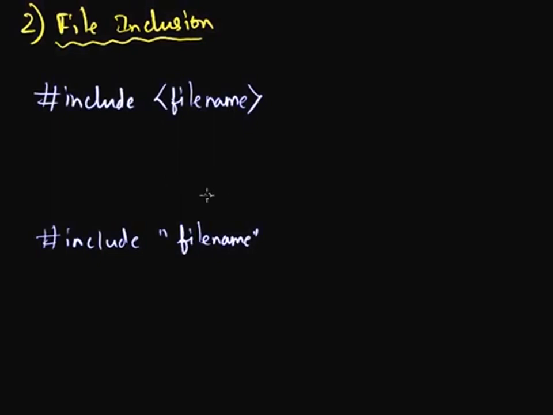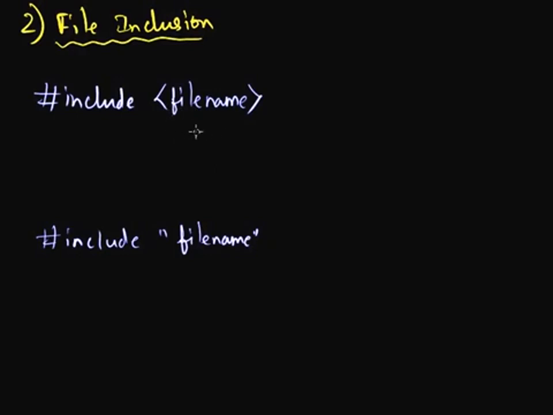So let us jump to our second type of preprocessor directives, file inclusion. Let me write the syntax of this file inclusion directive. We have used the file inclusion directive throughout this series. So this is the syntax. We have used #include stdio.h.